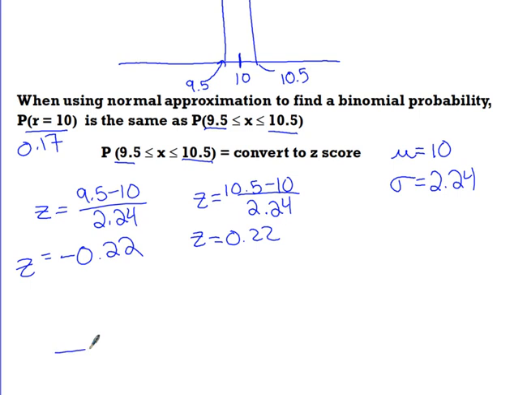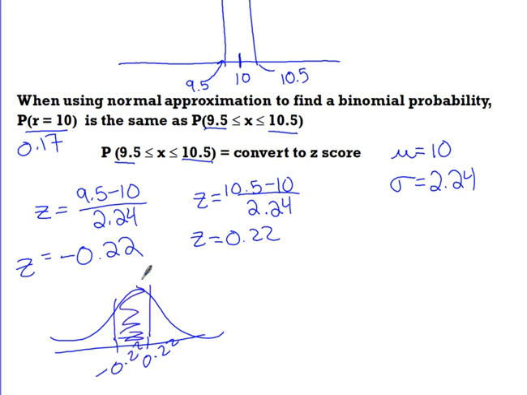So I'm looking underneath the curve, looking up the two areas of positive 0.22 and negative 0.22, and I'm going to subtract them to find the area underneath that curve. So for 0.22, I get 0.5871.